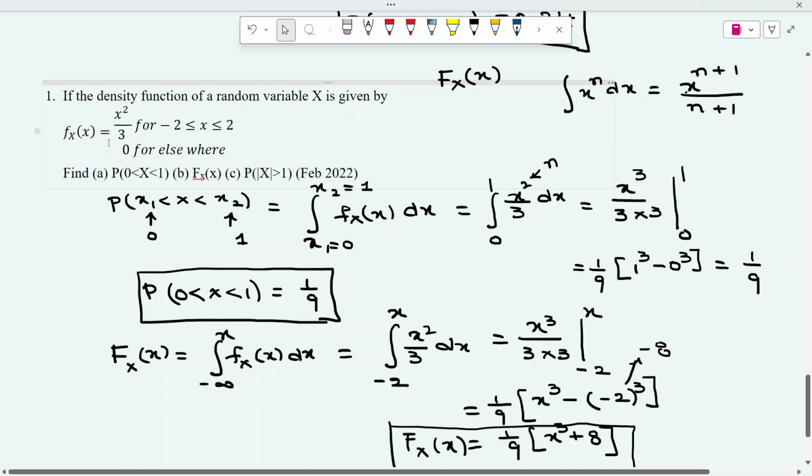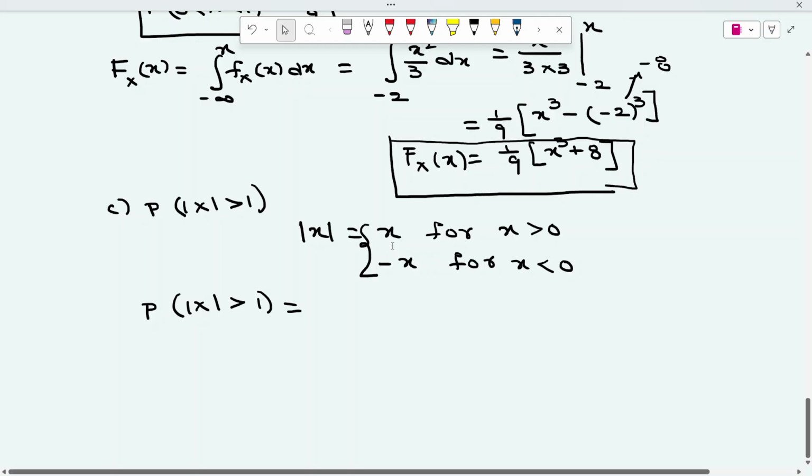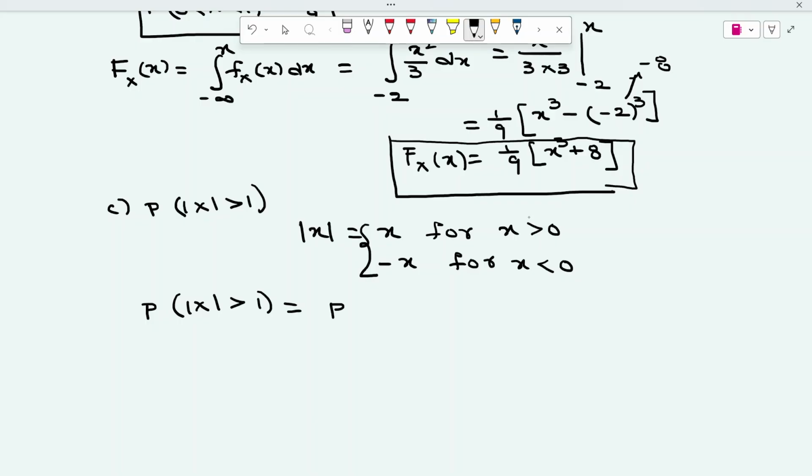Here in the density function, x takes negative values as well as positive values, so we have to consider both. So this will be probability of x greater than 1, where for greater values it is simply plus x, plus probability of minus x greater than 1 for x less than 0.